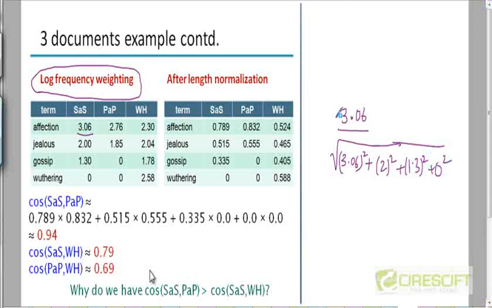This will be the first component. The second component will be 2 divided by this same denominator, which is this value. The third component is going to be 1.3 divided by the same denominator, which is this value. And the fourth value will be 0, because if the numerator is 0, then this fraction will also be 0.